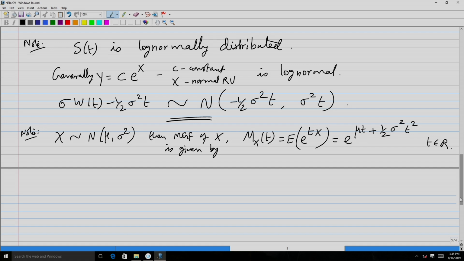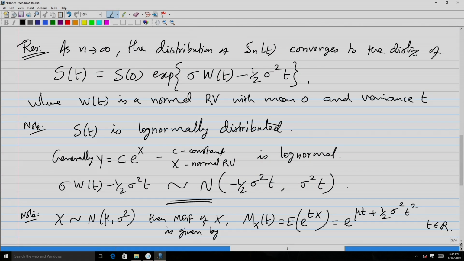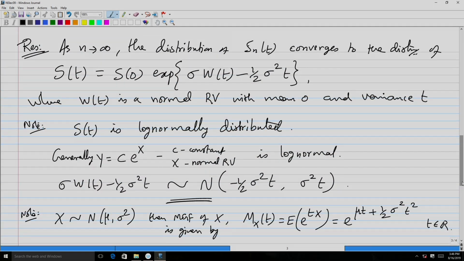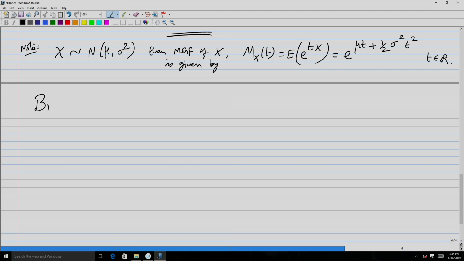Okay. Now you see this Wt that we are getting as the limit of this S and t is basically going to be our Brownian motion, right. Its properties also it inherits from the symmetric random walk case, and those properties define a Brownian motion. So, now let us precisely define what we call a Brownian motion, or another name, a Wiener process.